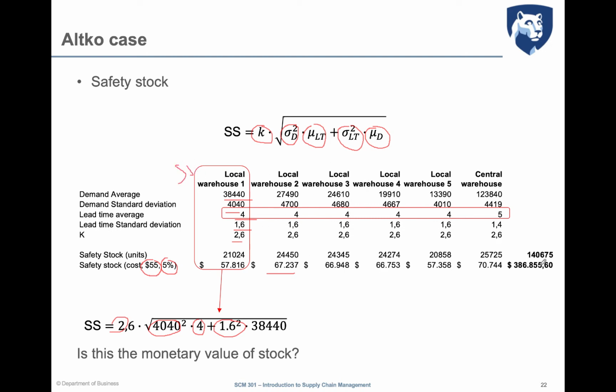You sum up everything and you find that the value in units in the system for safety stock is 140,674.75. Instead, in terms of monetary value of keeping cost, the cost of keeping stock is $386,855, and that answers the request. So you're basically putting here the value of the safety stock in units and in cost of keeping this safety stock.